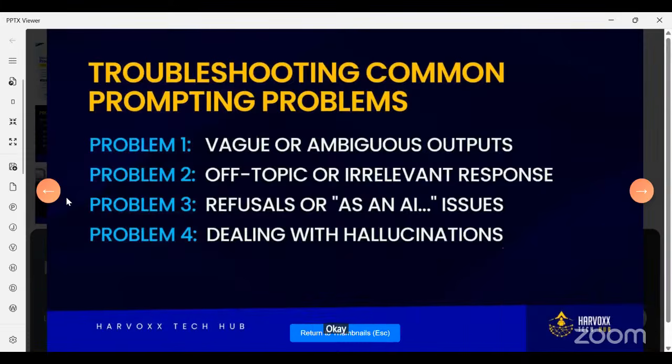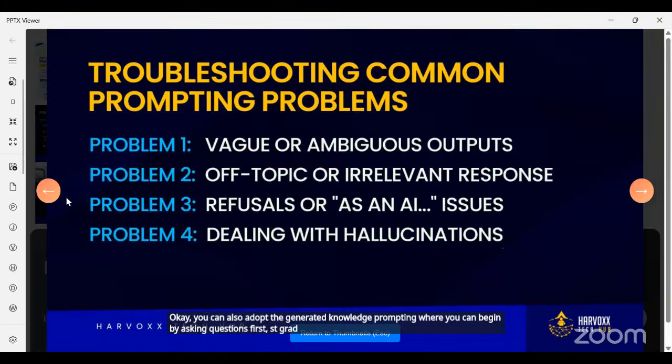Okay, you can also adopt generated knowledge prompting, where you can begin by asking it questions first, gradually to see even how much it knows and all of that. Okay, so you can as well cross-reference and all of that.